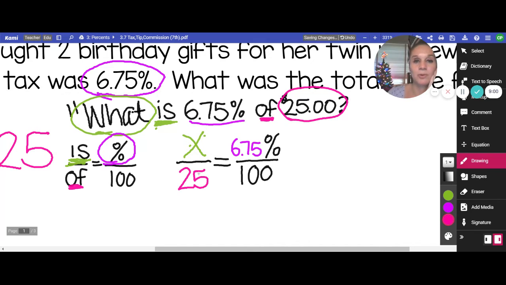So once we have that proportion set up, that's the most difficult part. And then we're going to cross multiply. So I'm first going to start by multiplying 25 times 6.75, and I'm going to use a calculator to do that.